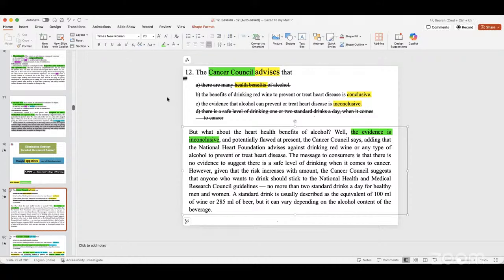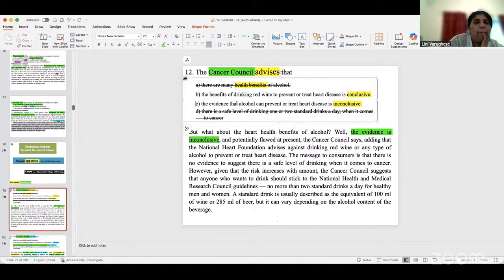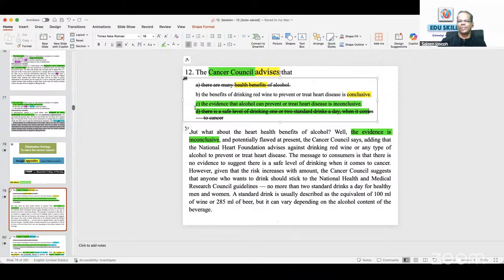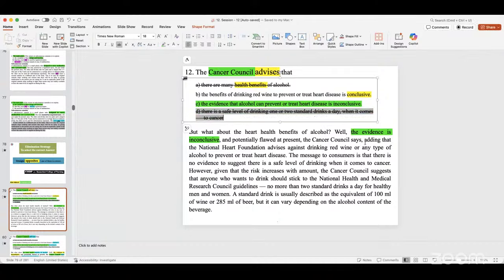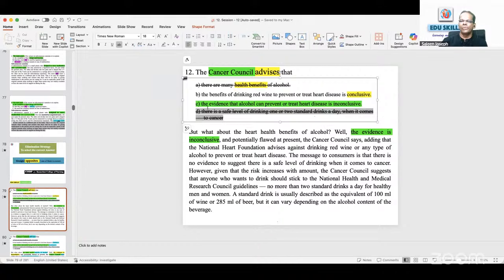Then do you need to read the rest of the text? It's clearly stating, right? The evidence that alcohol can prevent or treat heart disease is inconclusive.